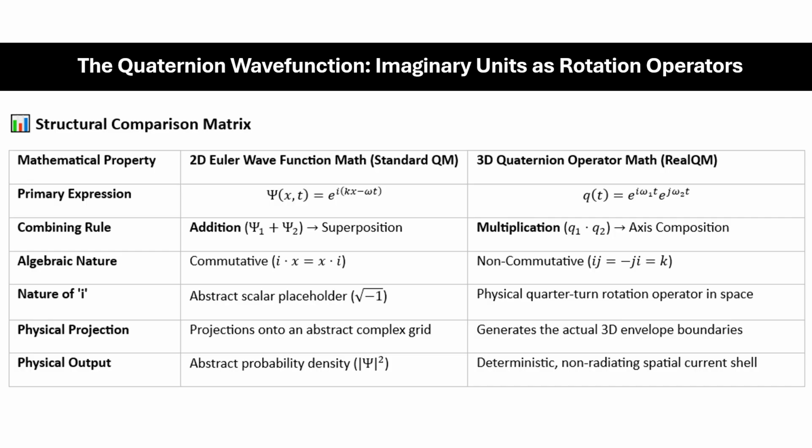We don't work with these abstract probability amplitudes and the density, which show a probability density. The energy densities that we get from our RealQM wave function of course also yield probabilities, and in just the same way you need to square those wave functions to get the likelihood of actually finding the charge in some infinitesimally small subspace of that larger 3D space in which the charge is oscillating.